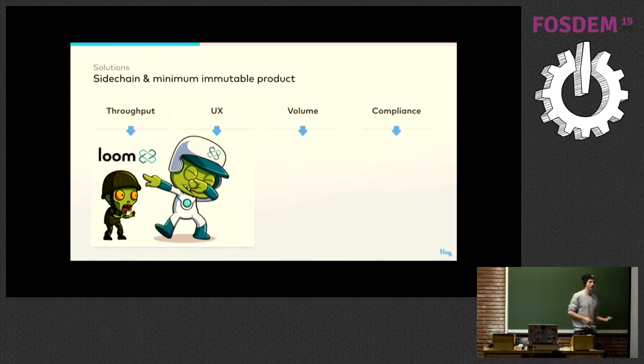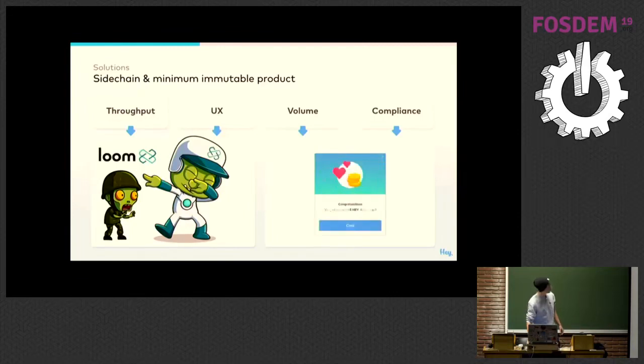They are the CryptoZombies. For our sidechain technology we decided to use technology provided by Loom. They are great guys. They were first known for CryptoZombies, a series of tutorials about how to learn Solidity, and they've developed this whole sidechain technology to support gaming and social use cases, which was the perfect fit for what we're trying to do at Hey.